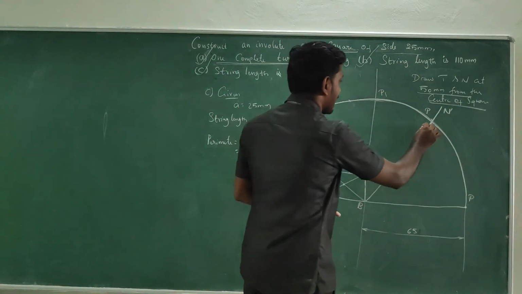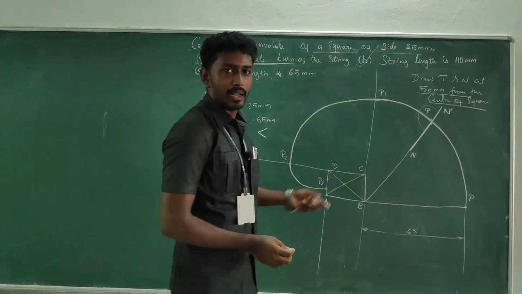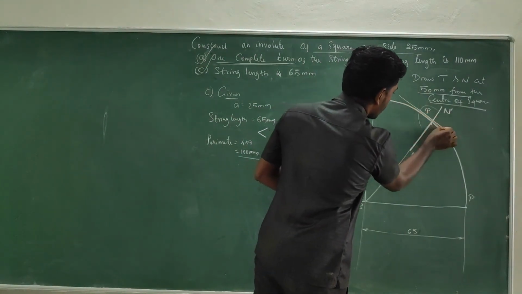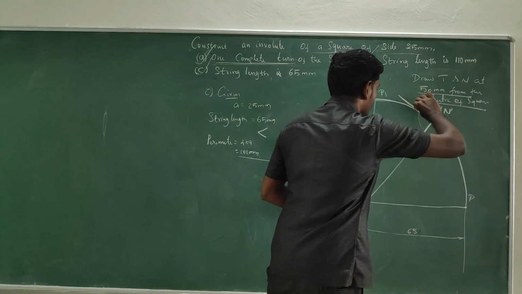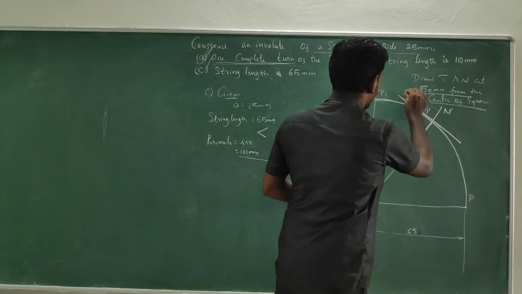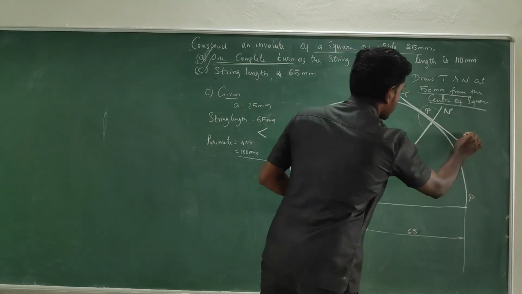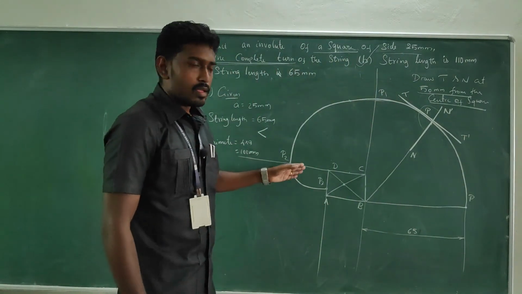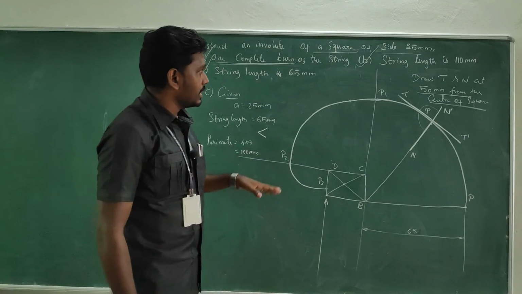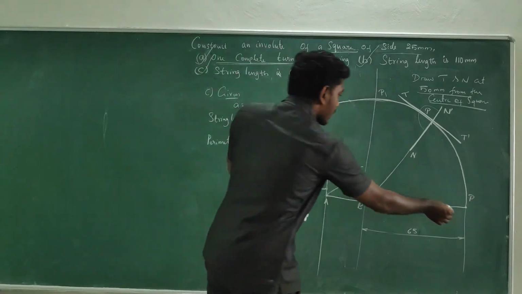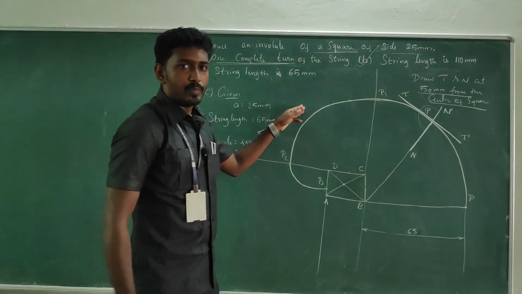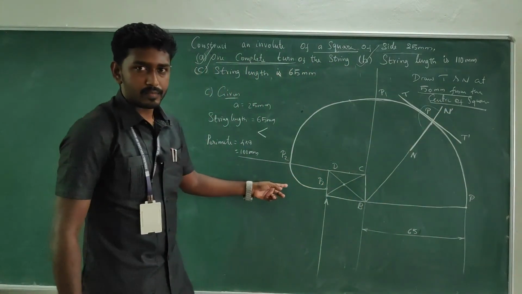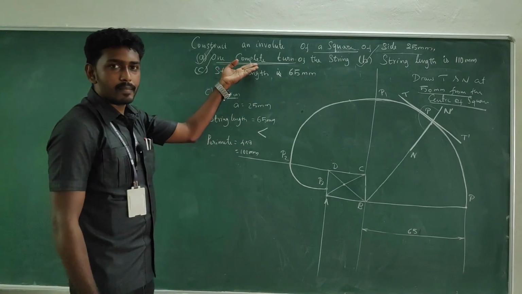If you draw a 90-degree line to this normal by keeping the protractor like this, we get the tangent, T dash. Okay. Here in this involute, the curve should be dark, and the tangent and normal should be dark.